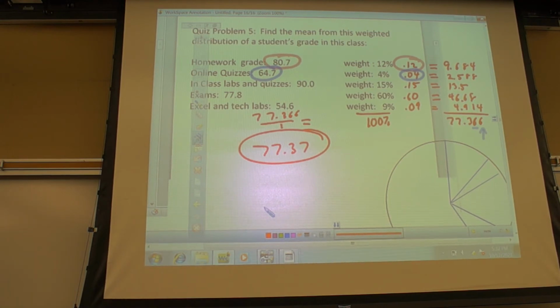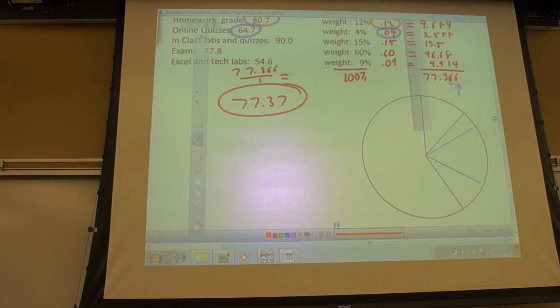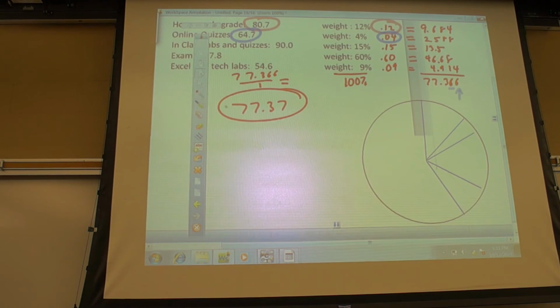So another way of looking at it is, if you look at this in terms of my whole grade, the first part is worth 12%, and I got 80% of that. So I achieved 80% of this. And the next one I got 65% of that, so about 2/3 of it. And the next one I got 90% of that, so most of that. And the next one you got how much of that one? 78%.